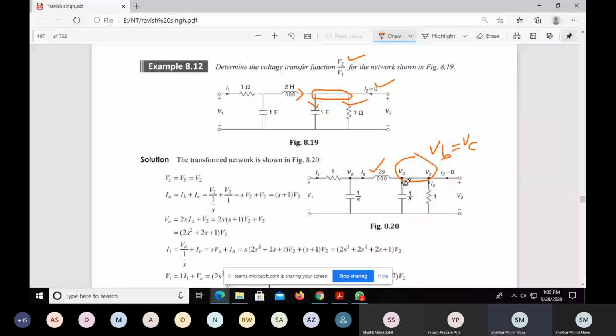So these two points are the same point, which is equal to V2. The node voltage at this node is V2 actually.